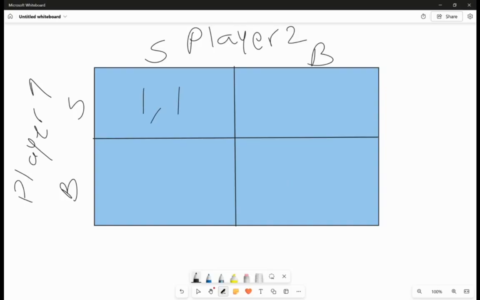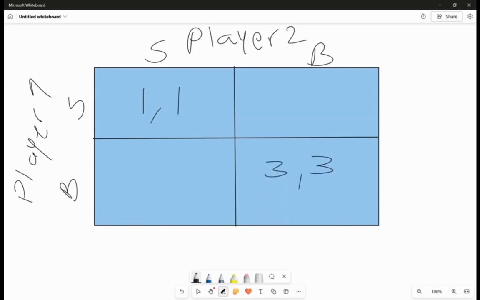For example, the first action, the first strategy that player 1 has is to just blame the other one, right? So snitching or blaming is one action, and the other action is to remain silent. Let's show it by S. Player 2 has the same strategies, 2 options, either to remain silent or blame the other one, right?